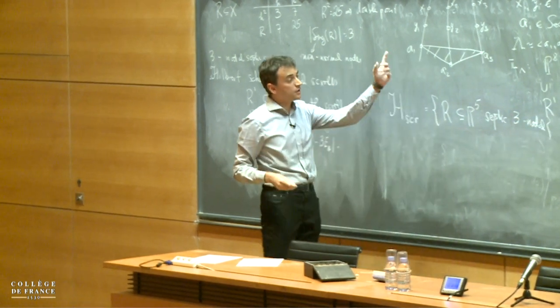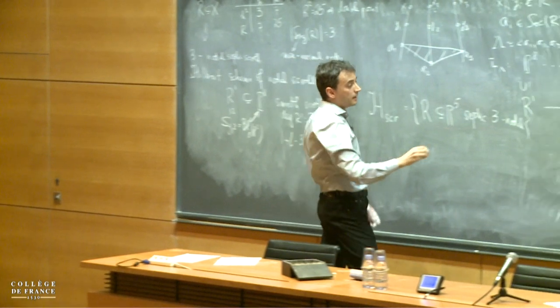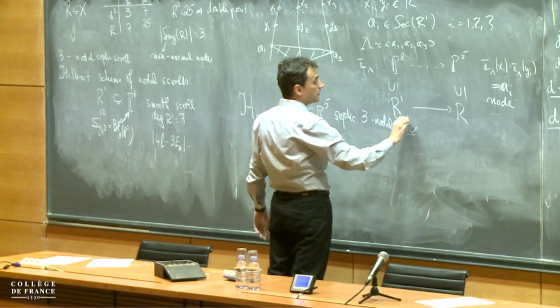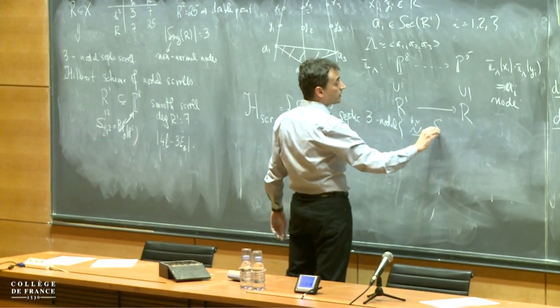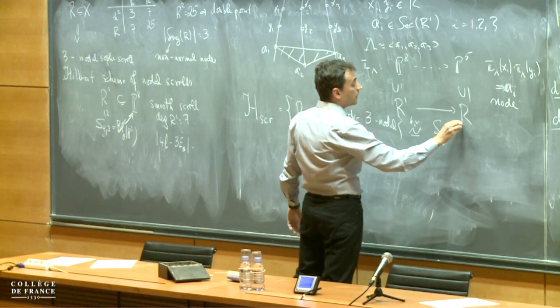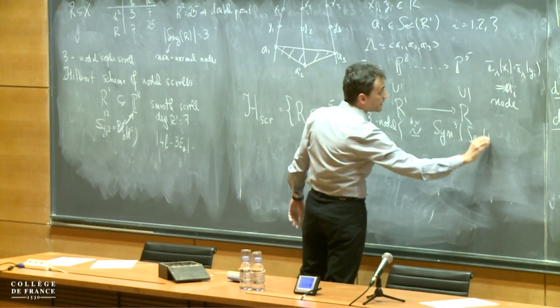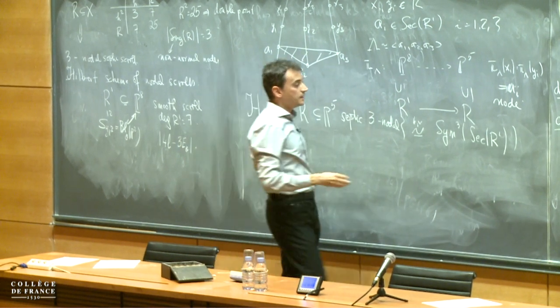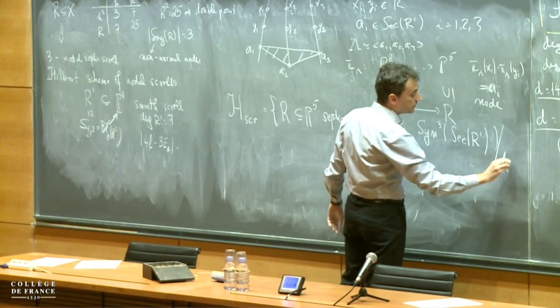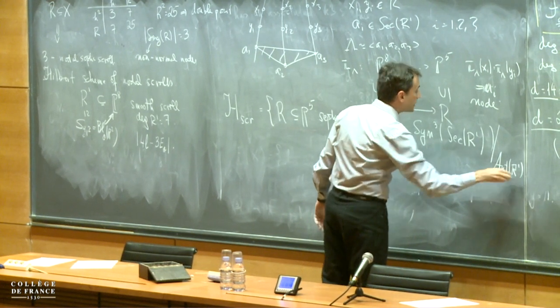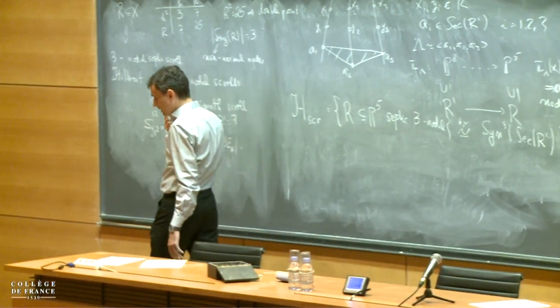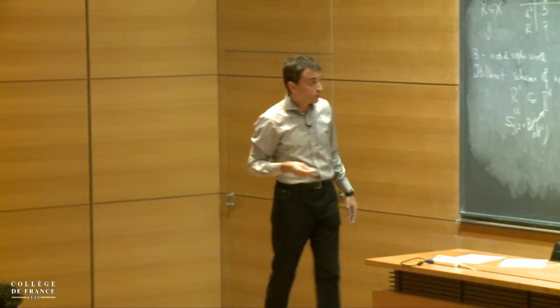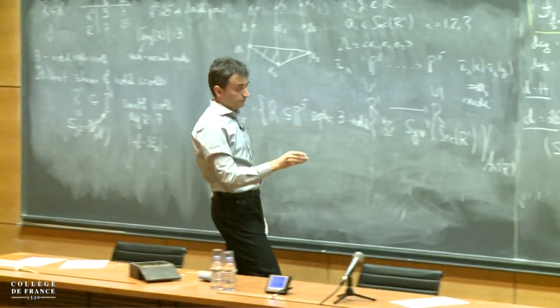So by this construction, this will be birationally isomorphic to the third symmetric product of the secant variety of the scroll, R prime. And of course, you have to divide out by the automorphism of R prime. But R prime is just the blown up of P2 at a point, so the automorphism group is 6-dimensional.